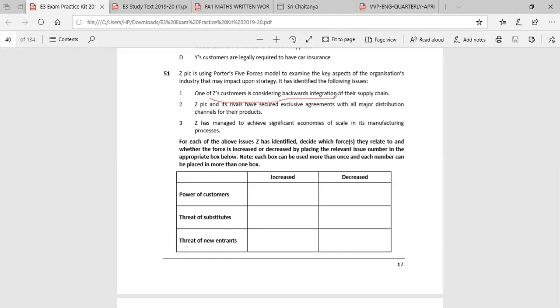Therefore, if they think about backward integration, they think about going backward. It's not about ZPLC thinking about backward integration. It is the customer of Z thinking about going for backward integration. So what are they doing? Their power is increasing. So one falls under the power of customers increasing.